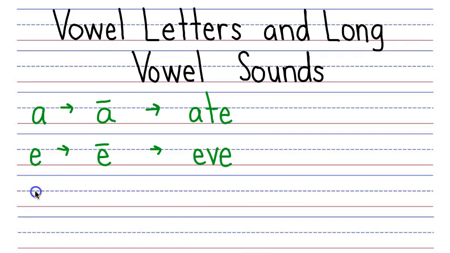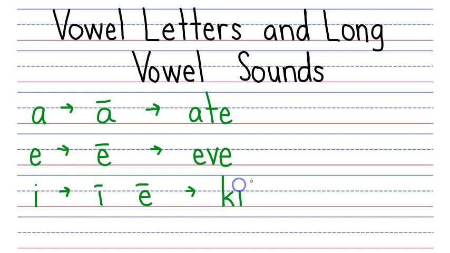And then we have I. I is a little bit trickier because it makes 2 long vowel sounds. It usually makes a long I sound, where I says its name, but it can also make a long E sound. So it says long I in words like kite, spelled K-I-T-E.